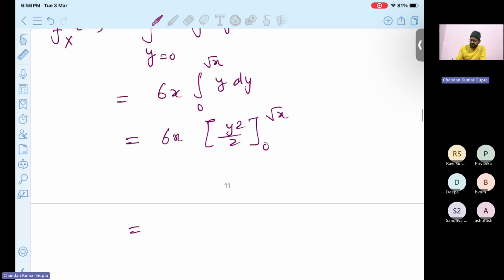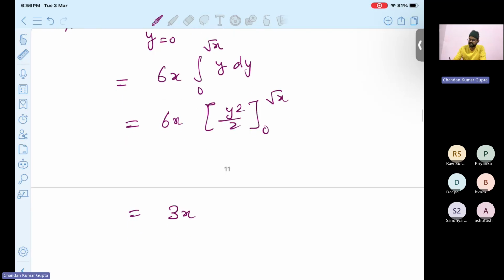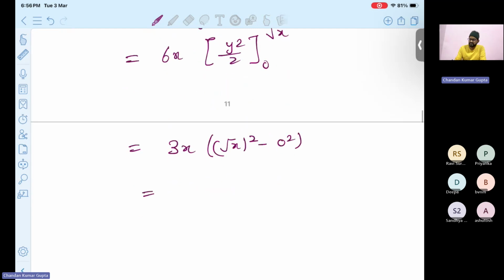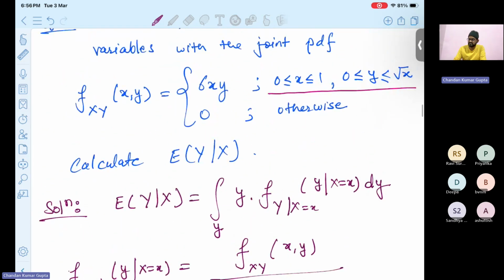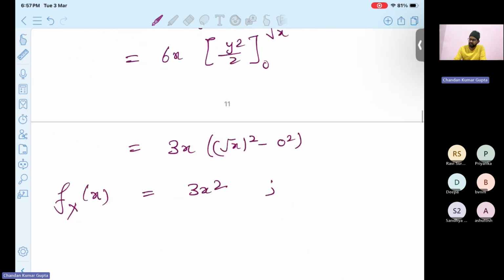Now 2 and 6 cancel out to become 3x, and y square is root x square, root x square minus 0 square. So obviously it's 3x square. So the marginal of x is 3x square, and the range of x comes from here only, 0 to 1.